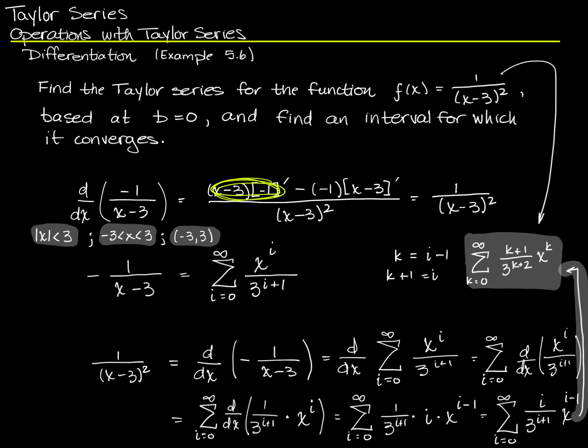That's the sum as i goes from 0 to infinity of x to the i. But that's only true between negative 1 and 1. So in any case, when you have a rational function like this, or like the bigger one in the previous example, you can use combinations of 1 over 1 minus x to get the Taylor series of the function you're given.